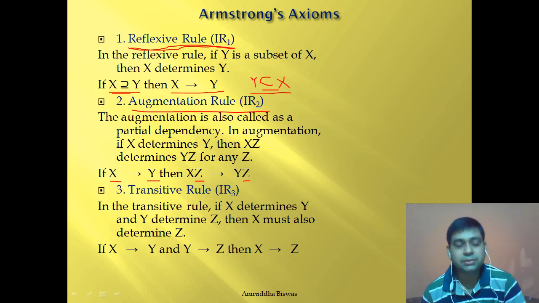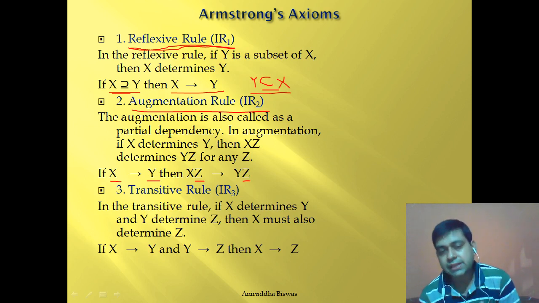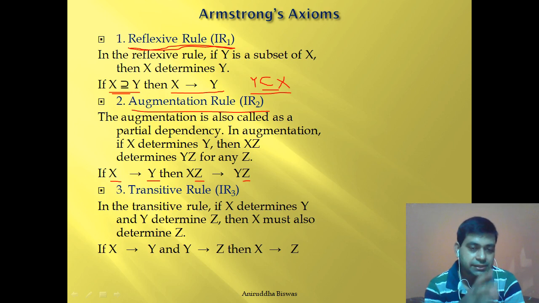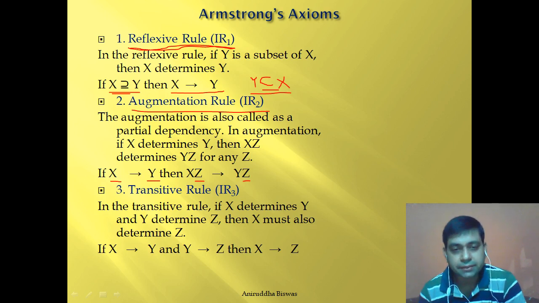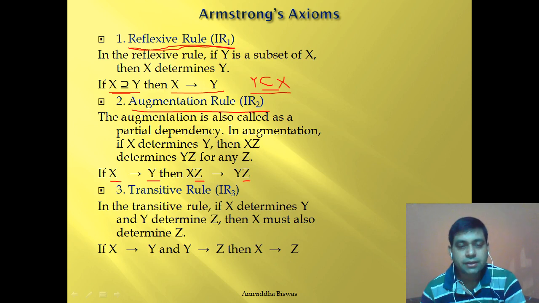Now the third one, or IR3, that is called as transitive rule. Okay, so the transitive rule is something where the left side determines the right side. That means x here is the left part, and in the right side y is determined, and in the same way y determines z.